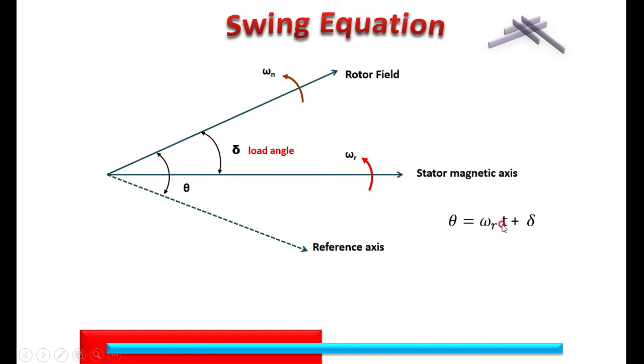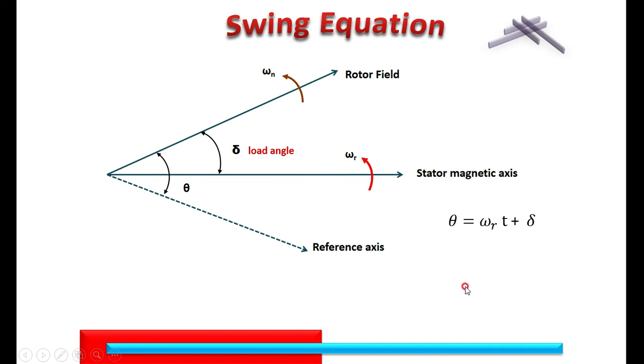Therefore theta is equal to omega r t plus delta. Theta is the total angle from here to here. From here to here, the angle is omega r into t, that is, its speed is omega r in radians per second. If it takes time t to reach this point, the angle is omega r into t, in radians or degrees, plus this delta, which gives theta.